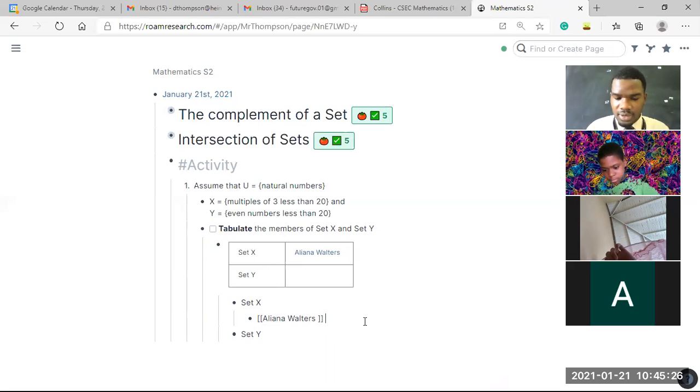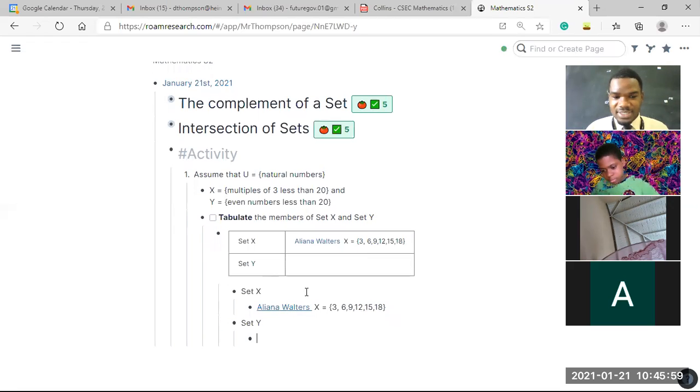So when I say X is the set of, what are the numbers that are multiples of 3 less than 20? 3, 6, 9, 12, 15, 18. Okay, she didn't say anything. I was hoping for a 21. Okay, so that was set X.